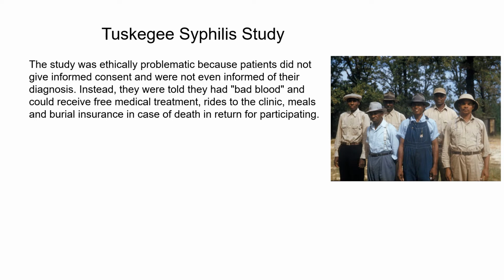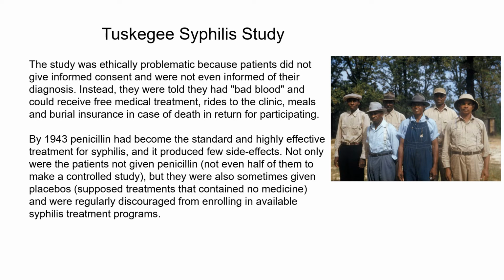They were deceived. And then, as I already said on the previous one, by 1943, so 10 or 11 years into this, penicillin had become the standard and effective treatment for syphilis.